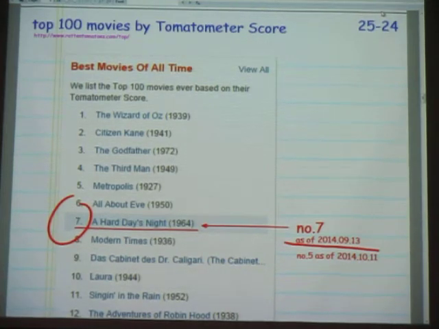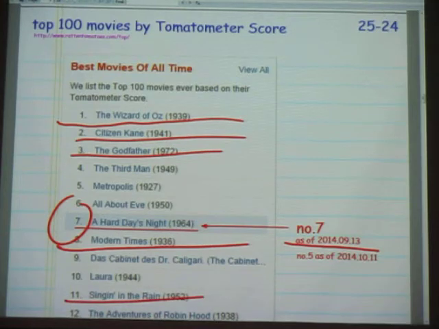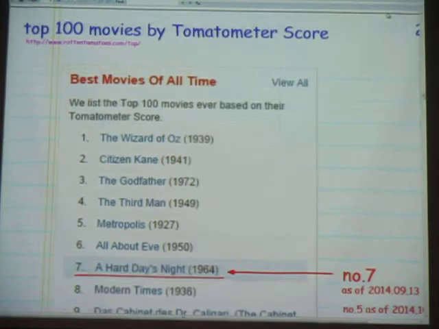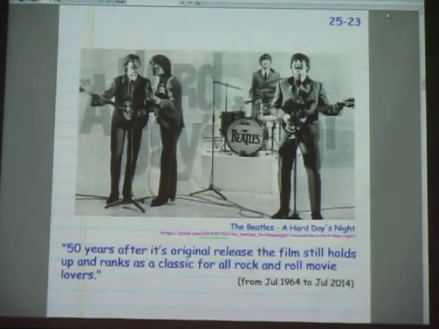And I'm sure if I zoom out here, everyone has heard of The Wizard of Oz, The Godfather. If you are a movie buff, you may have seen Citizen Kane, a famous movie, Modern Times of Charlie Chaplin, Singing in the Rain, right? So all these, I'm sure you probably have heard of.